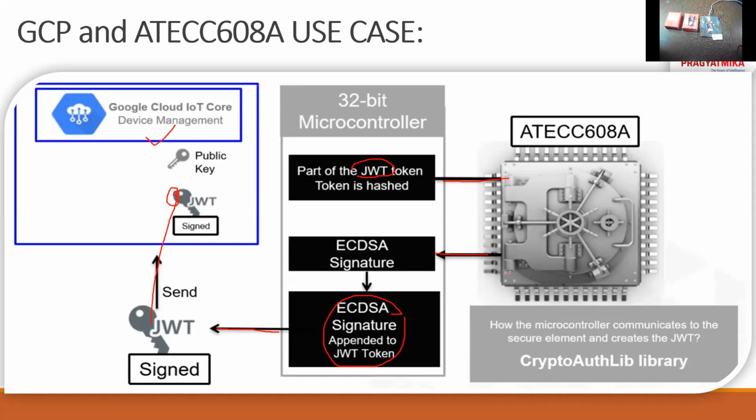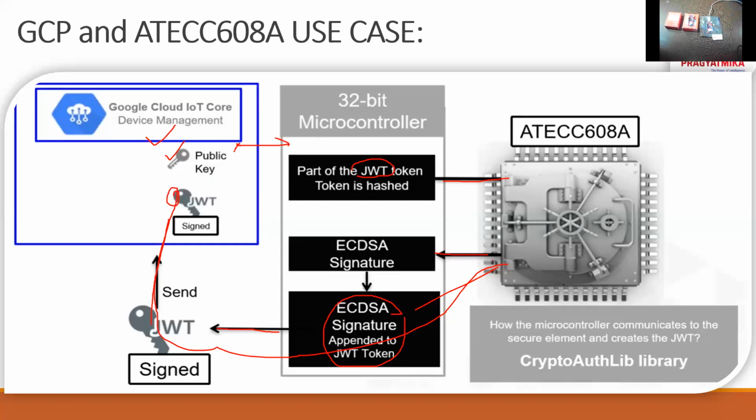So we are sending the private key signed JWT tokens from here, going to the network. The cloud has the public key of the device, and if the public key and private key match, in that condition the cloud will authenticate your device, and the information exchange can happen from your microcontroller to the cloud.